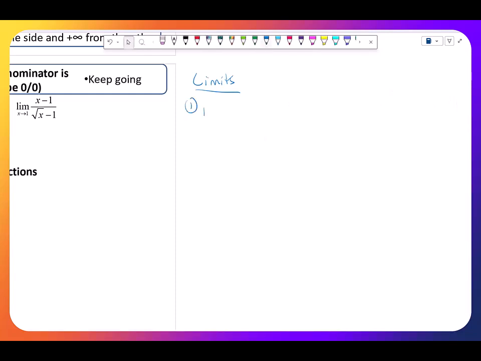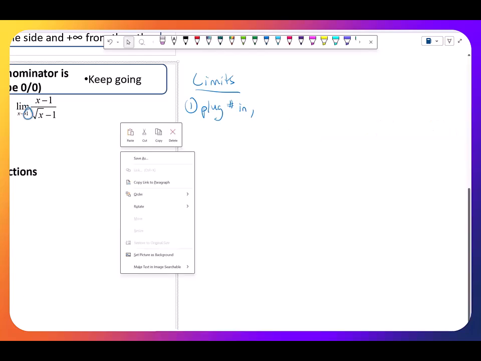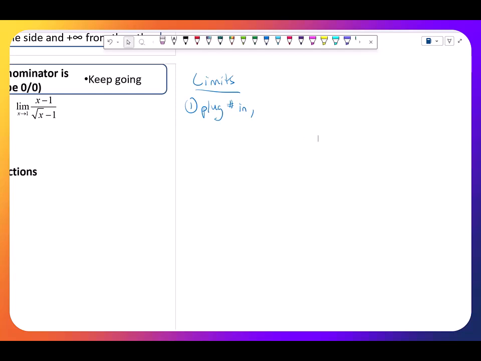You plug the number into the expression. The number I'm talking about is what x is going to, like x is going to 1. So you plug 1 in and you get a number, you're done. That is the easiest one, and unfortunately we rarely get that one, but that's it.